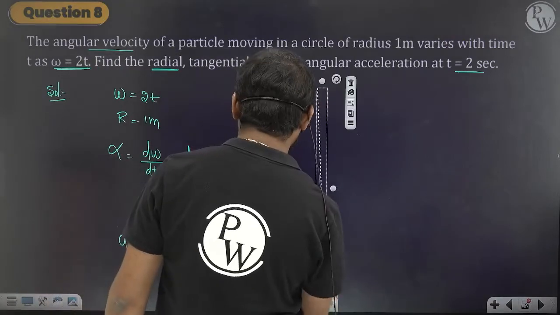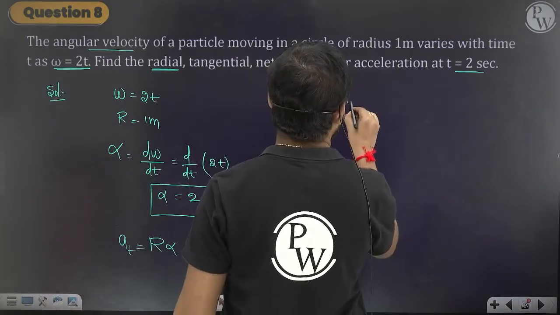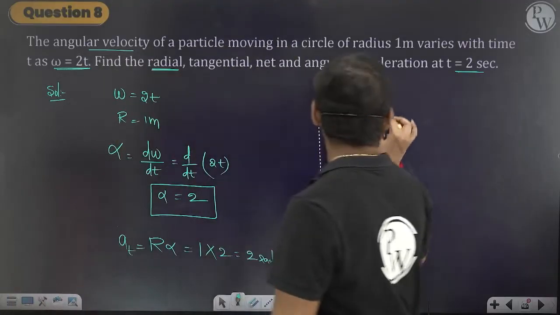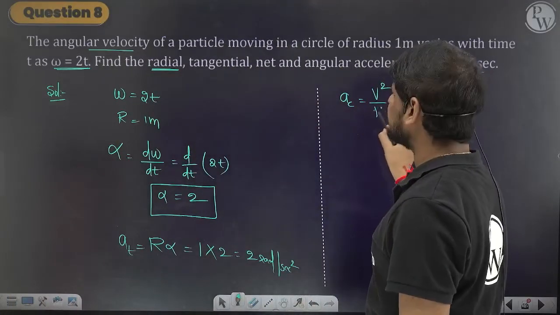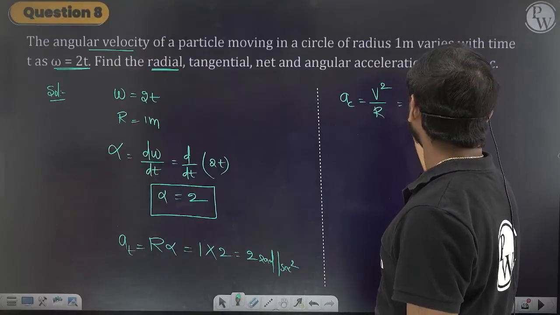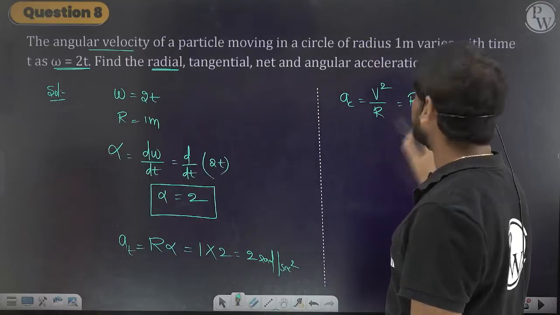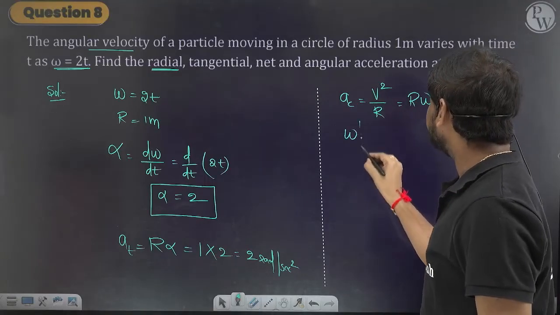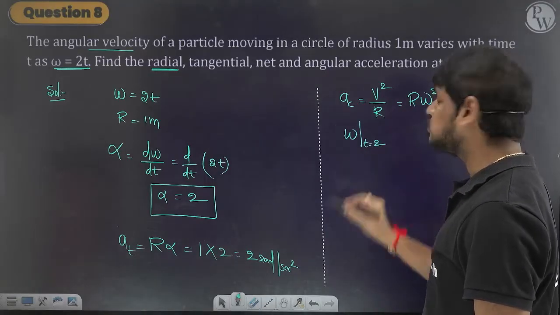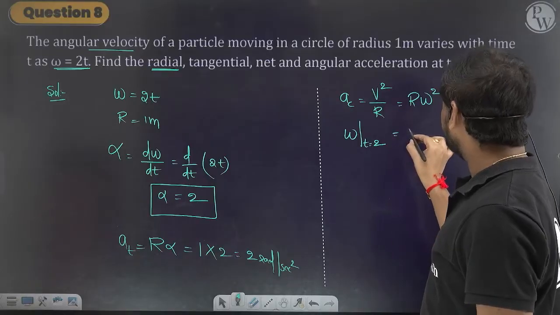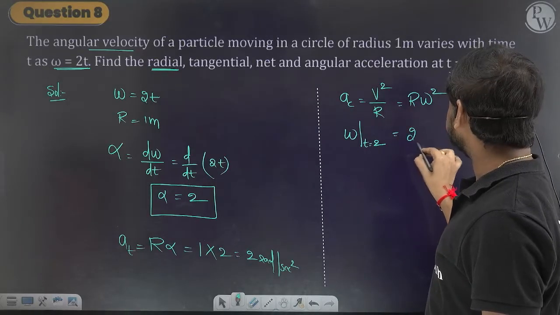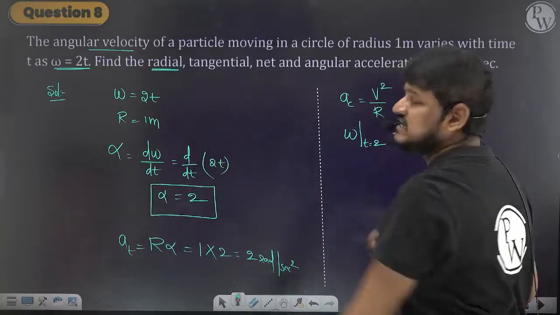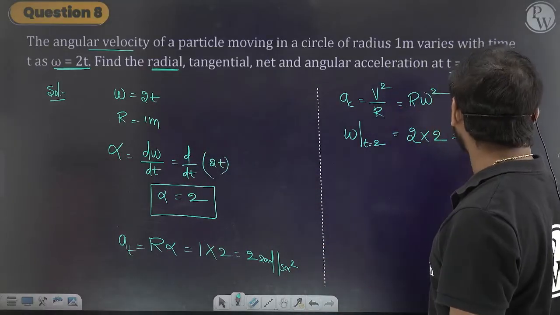Next, let's find what is a_c. Either we can use v square by r, but we don't know what is v, so we can use r omega square. At t is equals to 2 seconds we have to find. First find omega at t is equals to 2 seconds. In place of t you substitute 2, so omega at t is equals to 2 seconds will be 2 into 2, 4.